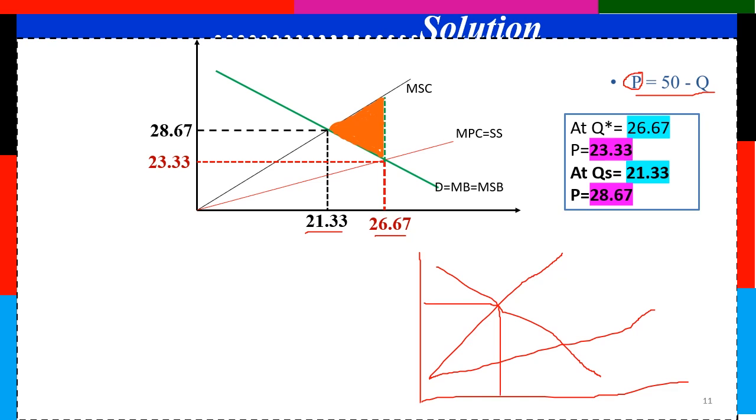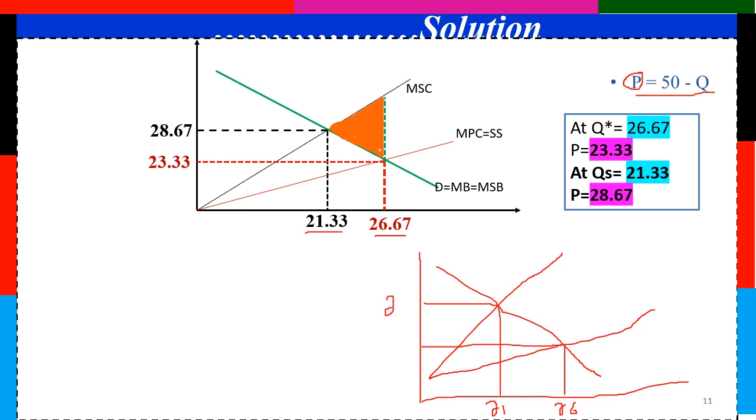At market equilibrium means this one, here. So this is 21 at socially optimum level. This is 26. Price as this one is, it is 28.